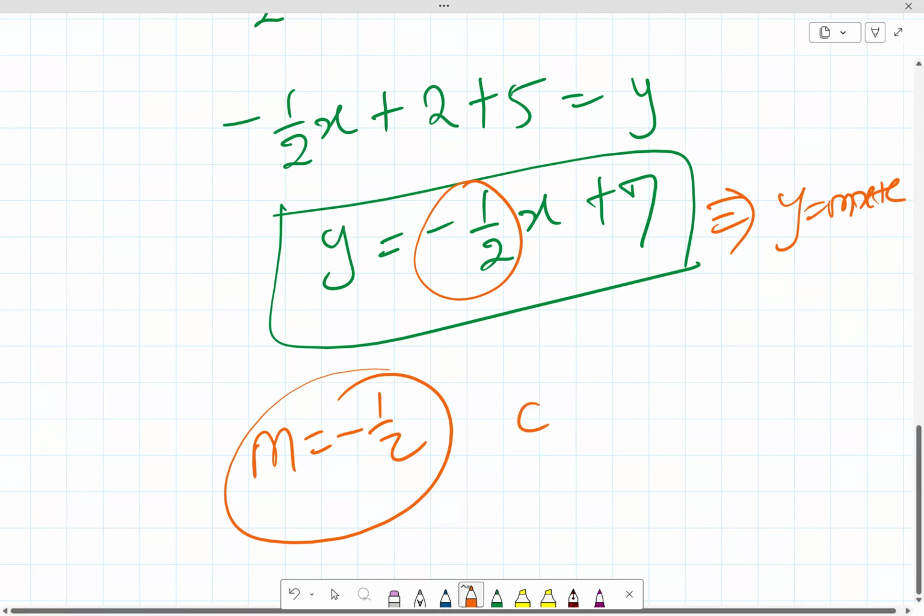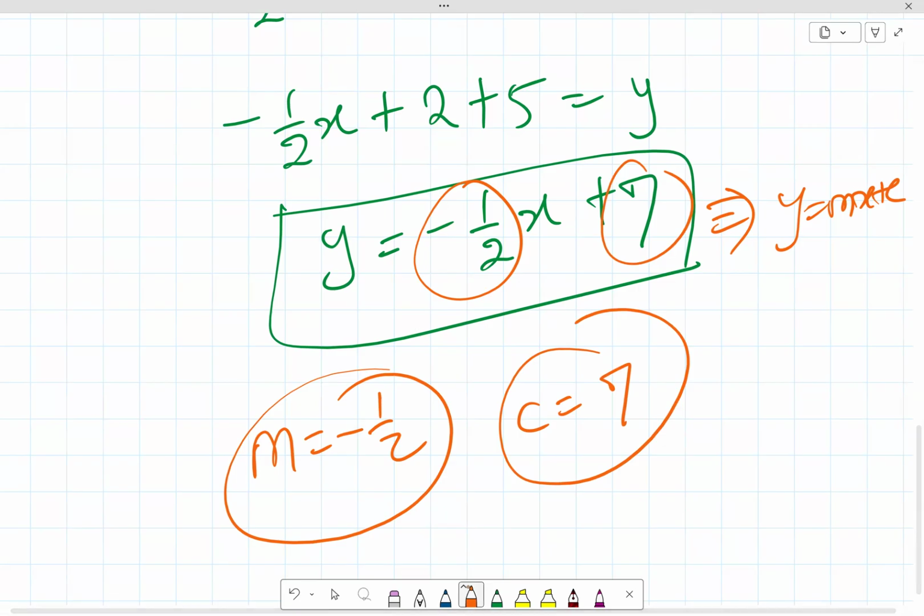And the y-intercept in this case is simply this 7. Okay, so of course, we can still go ahead and multiply through by 2. But if you want to see the slope and the intercept, this is the best way to have it. But we are going to see some other forms later, like some kind of general form.